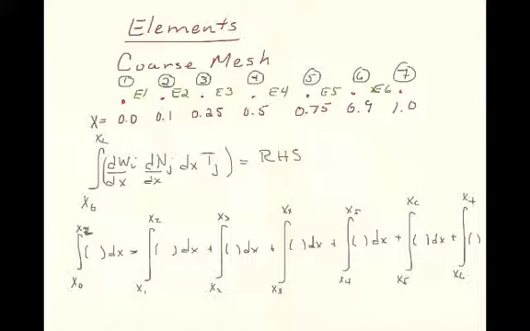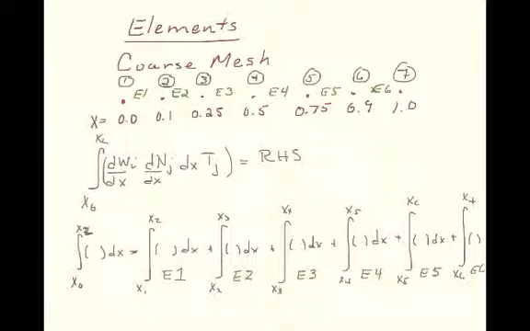And furthermore, if you look at this, you can see that this distance from x1 to x2 is element 1. So that integral is over element 1. x2 to x3 is over element 2. 3 to 4 is over element 3, and down the line 4, 5, and 6 down at the end here.